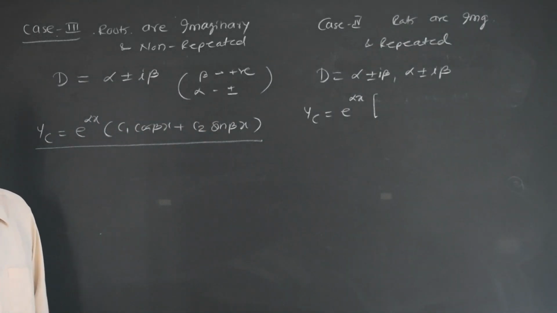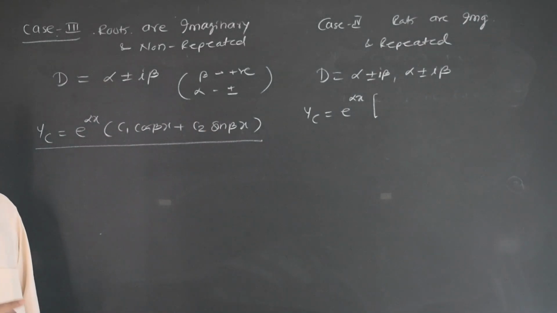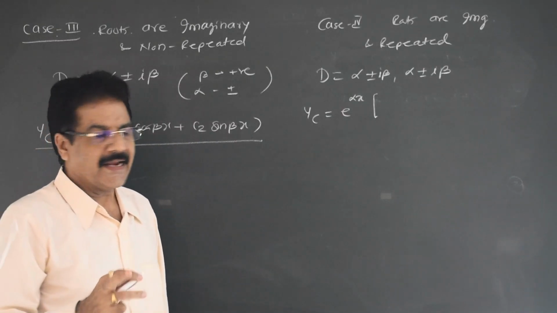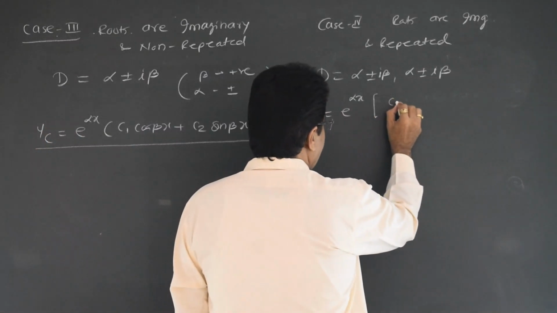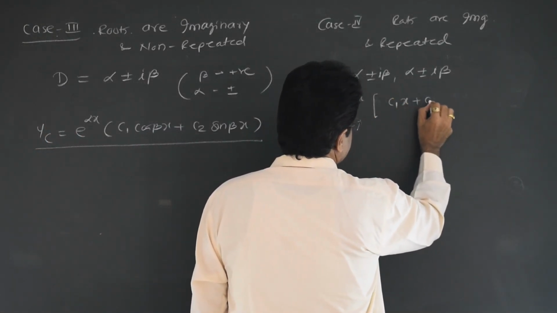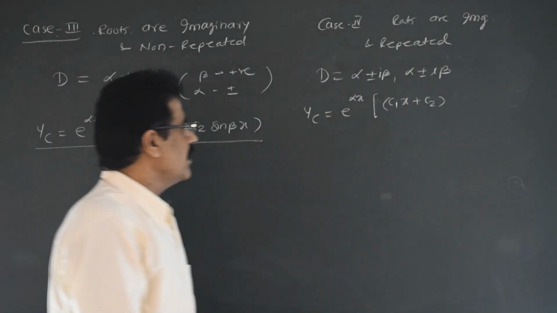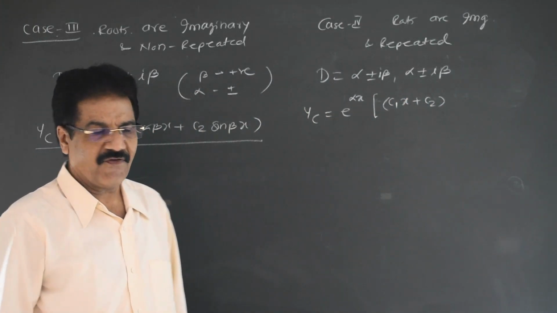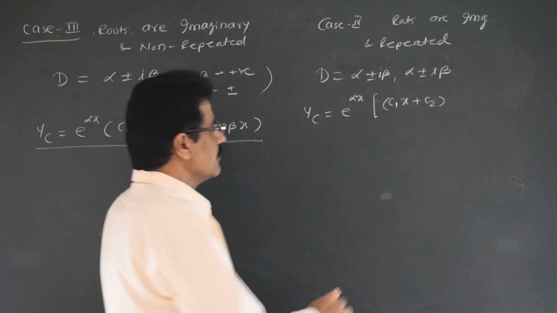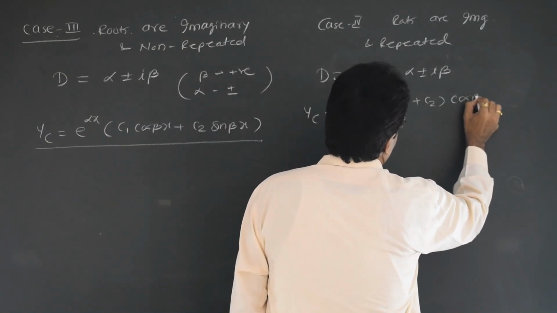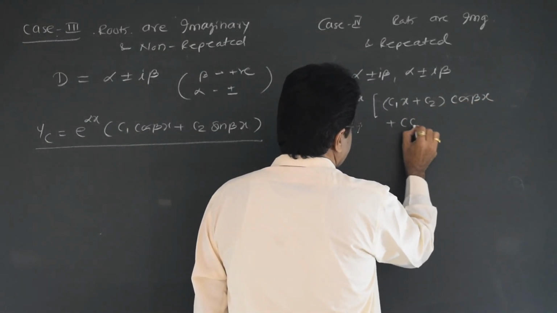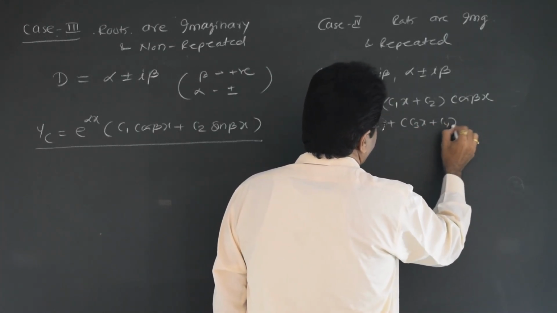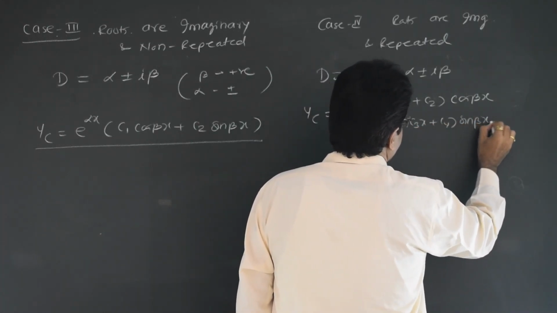And now we are going to use the concept of our case number 2 in which roots are getting repeated. We have to make a group of 2 constant terms along with x. So yc is equal to e raised to alpha x in bracket (c1x plus c2) into cos of beta x plus (c3x plus c4) into sin of beta x.